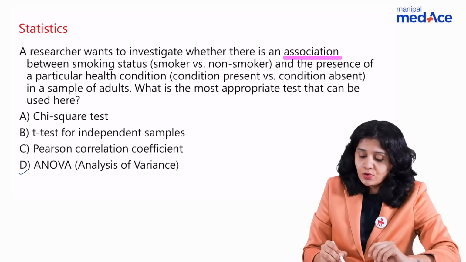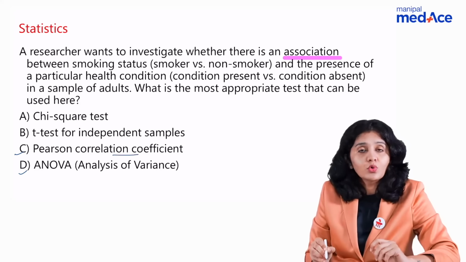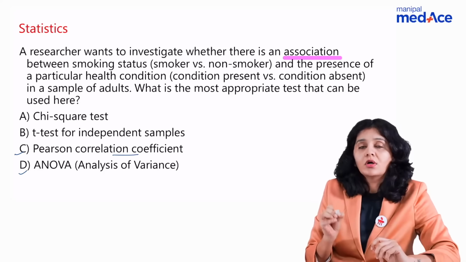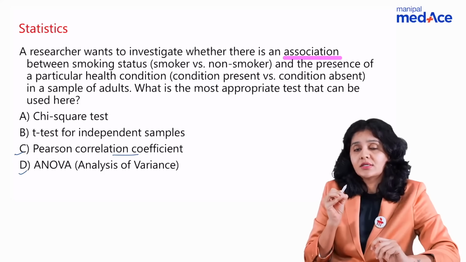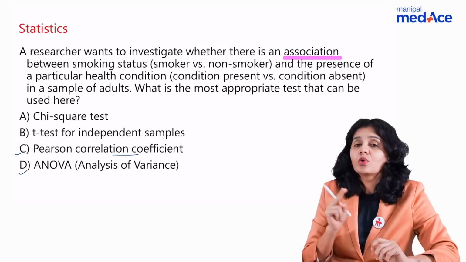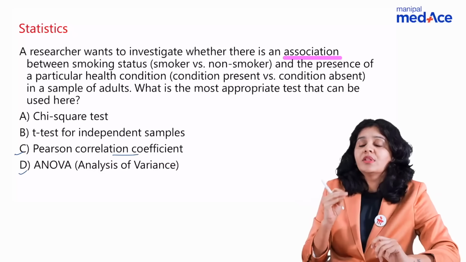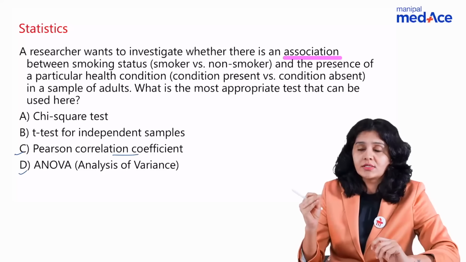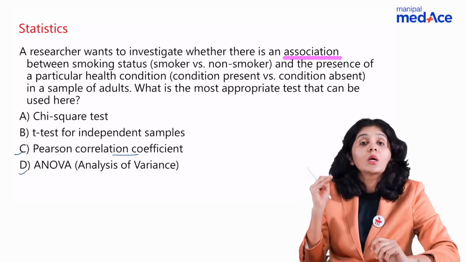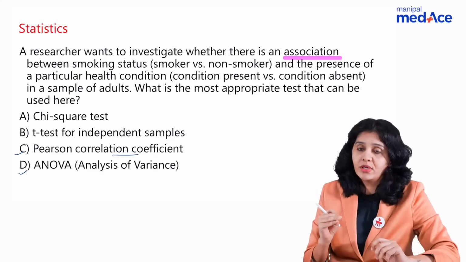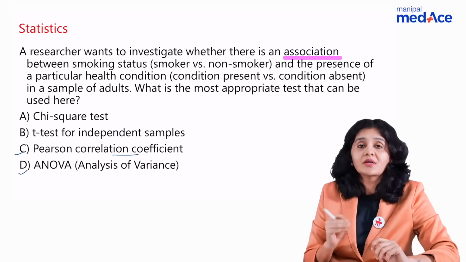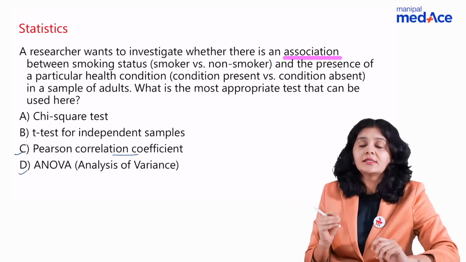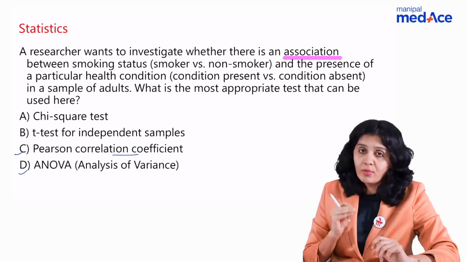So what is Pearson correlation coefficient? When do you use Pearson correlation coefficient? So when you're trying to find out whether there is a relationship between 2 quantitative variables. For example, with increase in height, weight also increases. Weight and height here are quantitative variables. They both are measurable. So in such cases, you're going to use Pearson correlation coefficient. Again, it is used when the data is normally distributed.